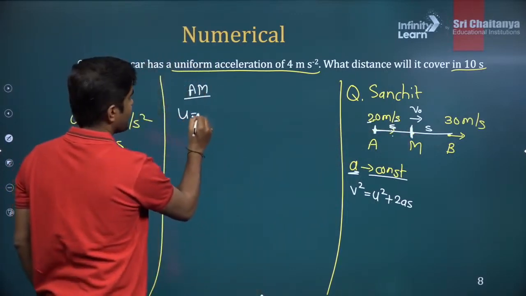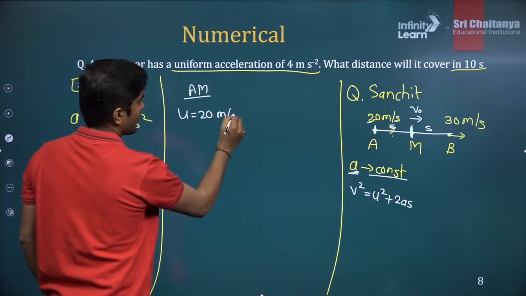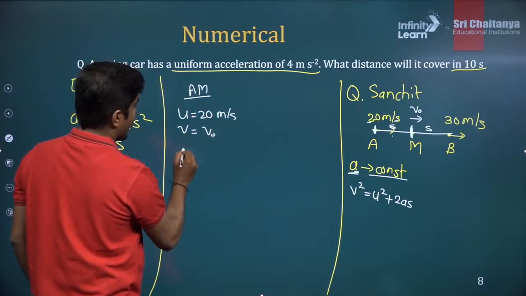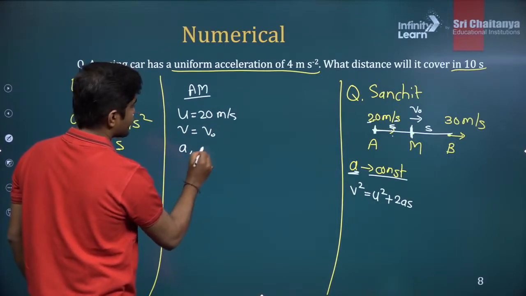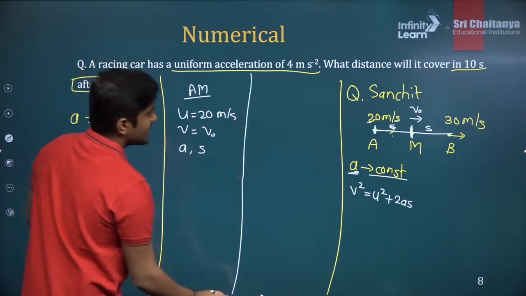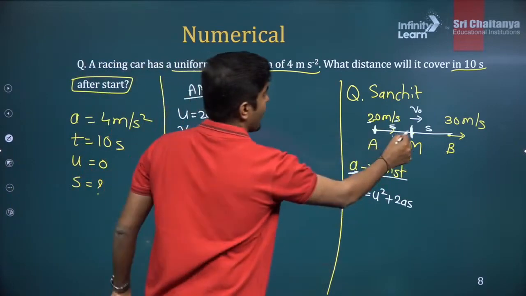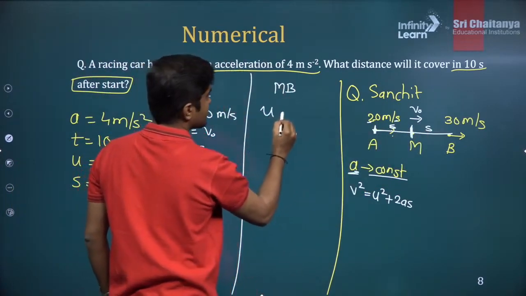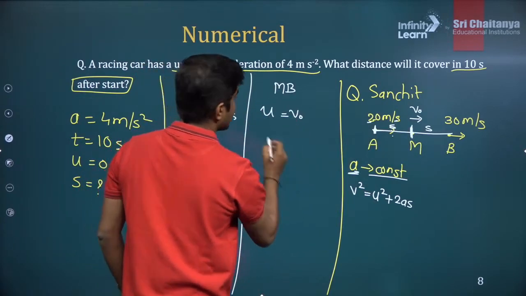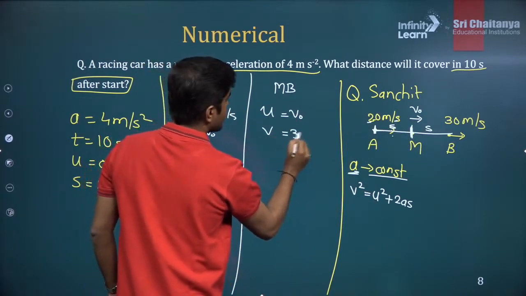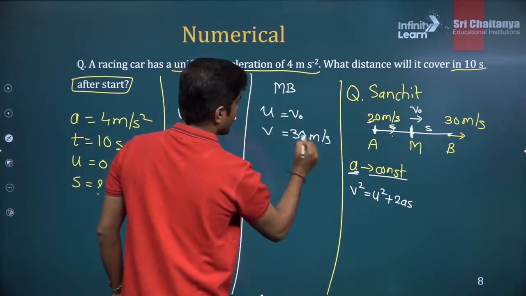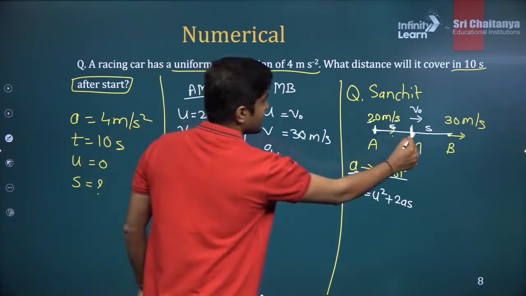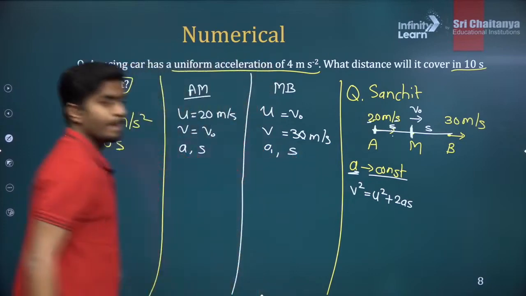Initial velocity is 20 meters per second. Final velocity is v0, acceleration is a and distance is s. From M to B, the initial velocity is v0, the final velocity is 30 meters per second, and again acceleration is the same, and the distance is the same.